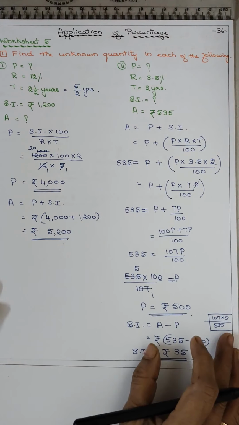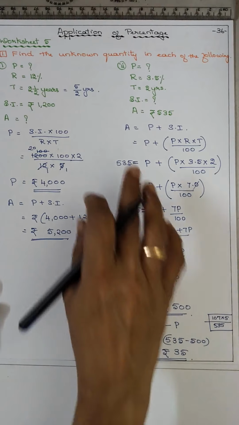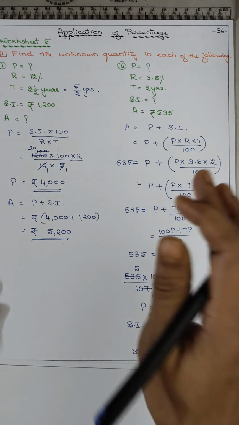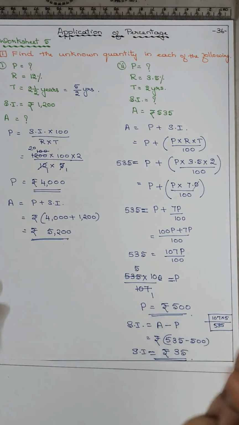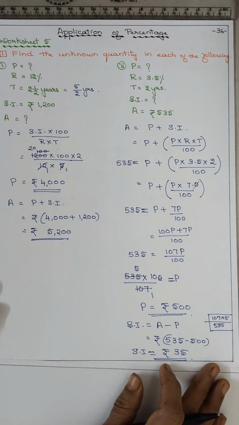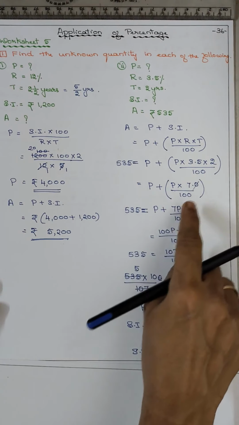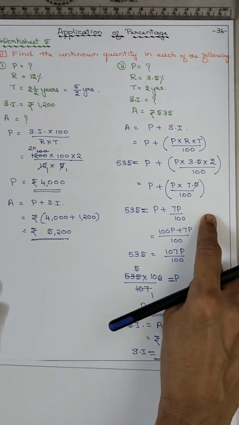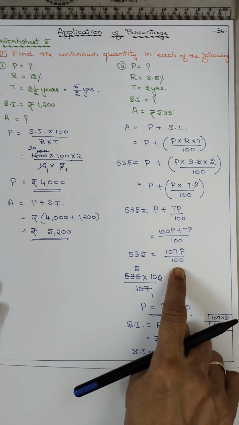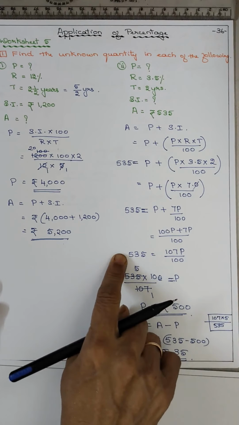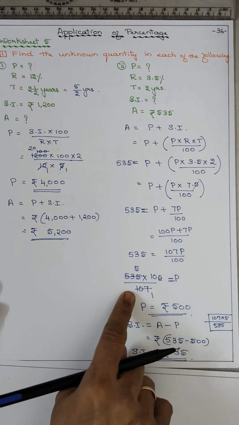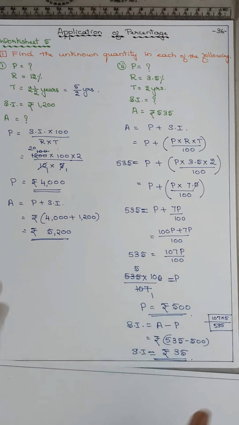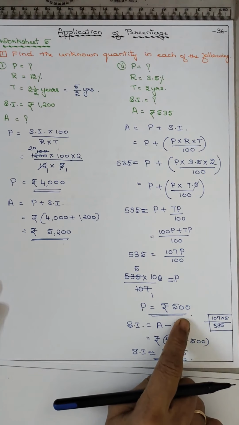Do you remember? We did this in the examples also. So amount is equal to principal plus SI, and put the SI formula, keep the principal as it is and put the other values and solve. And P and 7P upon 100 we got, take LCM, 100P plus 7P, so it is 107P. So P is equal to 535 into 100 upon 107. 107 1 goes, 107 5 goes. So you got principal 500.